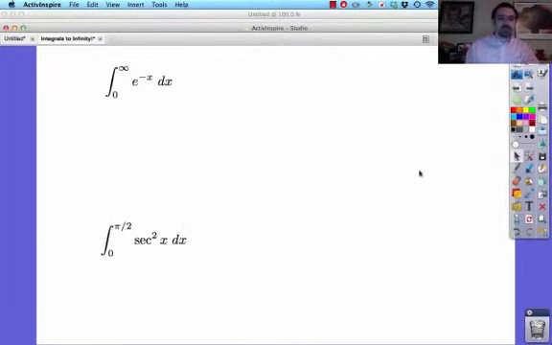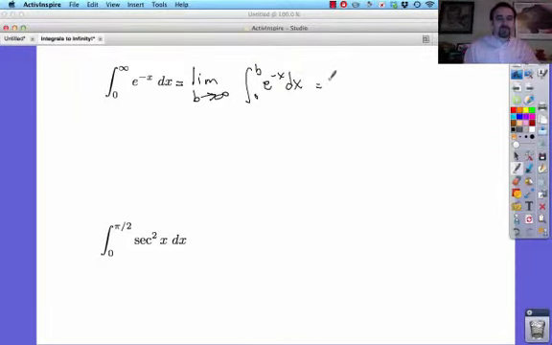We're going to decide whether they converge or diverge, and then we're going to try to figure out what they are. So, the integral from 0 to infinity of e to the negative x dx. Now the way we have to do this is we have to substitute infinity with a number. So this is really the limit as b goes to infinity of the integral from 0 to b of e to the negative x dx.